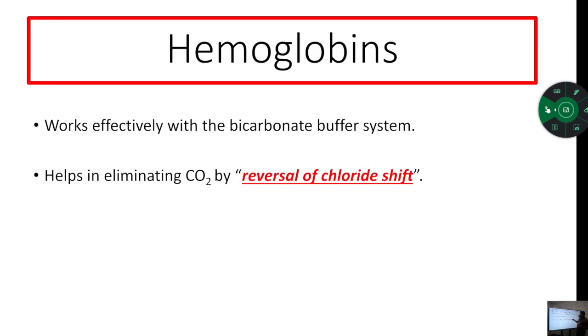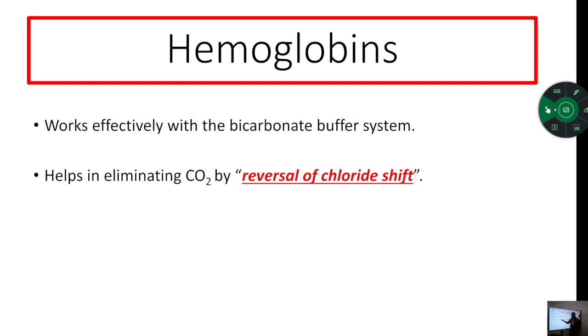Coming to the first thing, with the help of hemoglobins, it works effectively with the bicarbonate buffer system, and it eliminates carbon dioxide by the reversal of chloride shift. You might be familiar with the concept of the Hamburger shift, the chloride shift, from your lower classes when you learn about respiration. Now, this is the same thing mentioned here. Hemoglobin can eliminate carbon dioxide from our body by a process known as reversal of chloride shift.